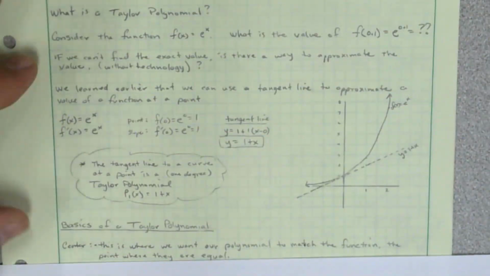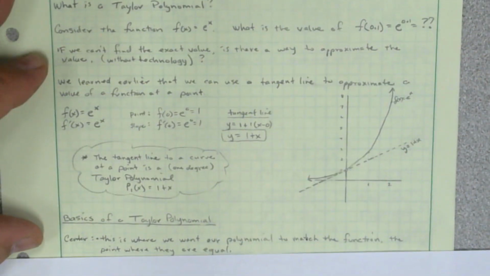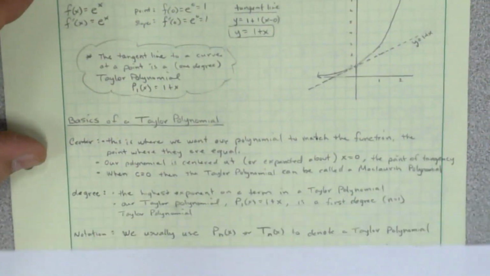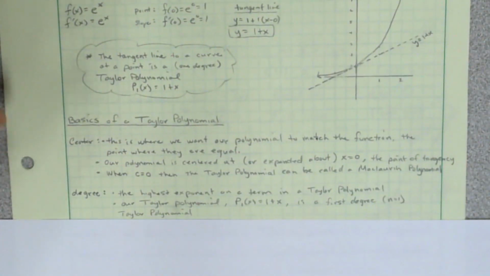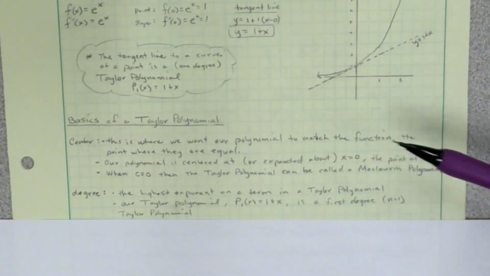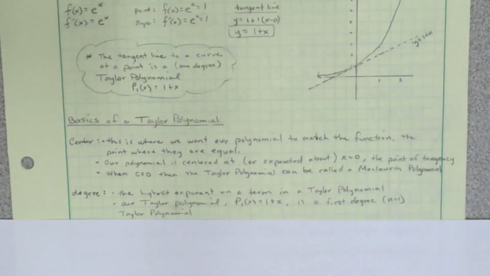So let's look at this even further. Consider this. The center is where we want our polynomial to match the function, the point where they are equal. Our polynomial is centered at, or expanded about, x equals 0, the point of tangency. When c equals 0, the Taylor polynomial is also called the Maclaurin polynomial.